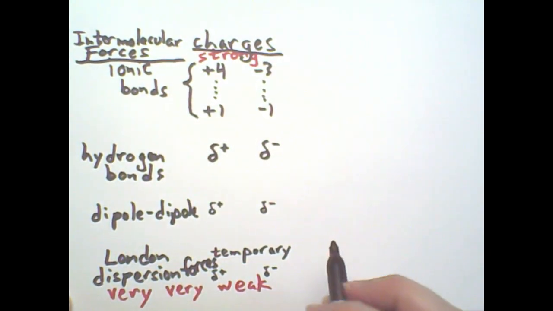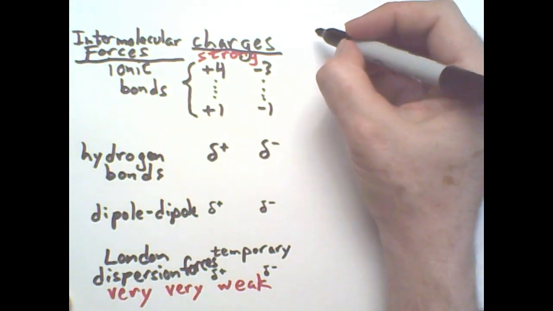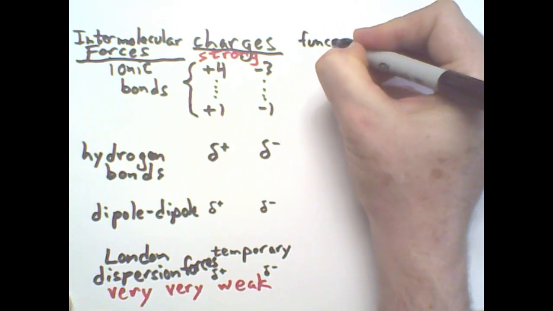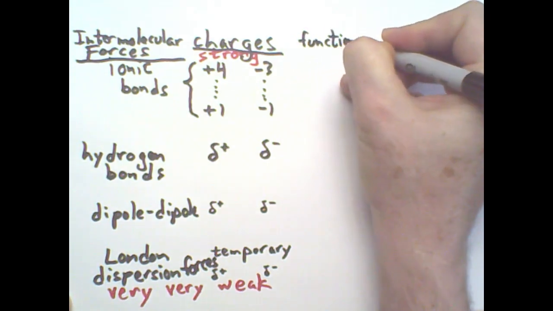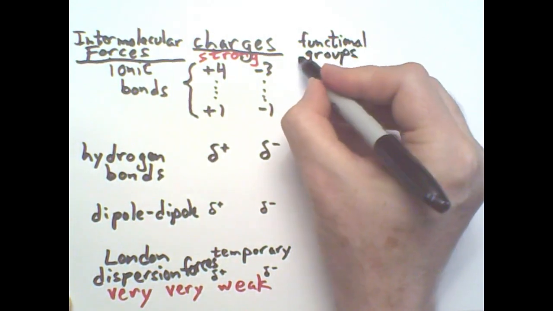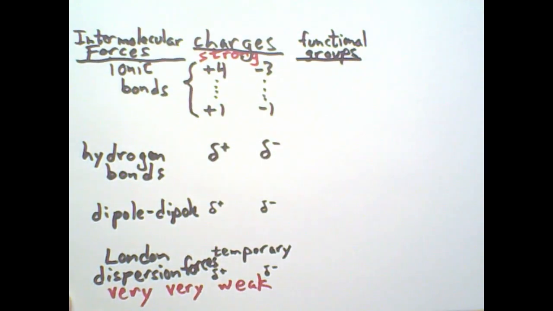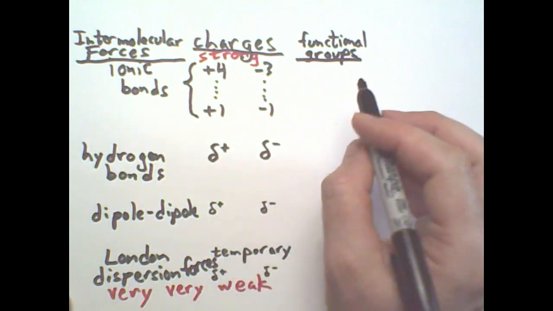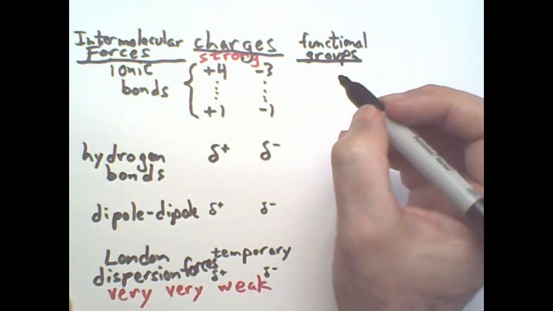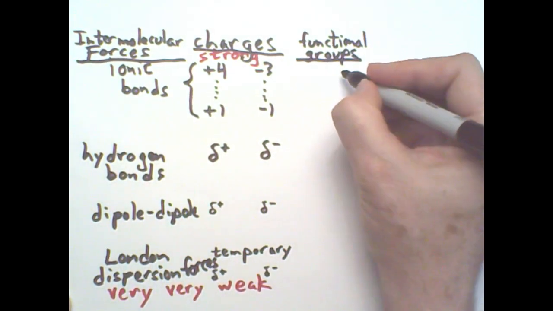Now, you've been learning about organic molecules. And you can categorize your functional groups by where they fit in these different types of bonding. You could have something like, maybe you'll occasionally encounter a phosphate group.